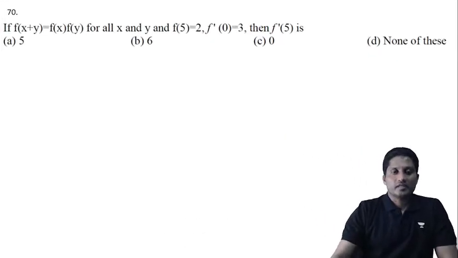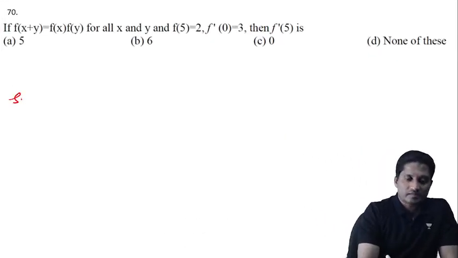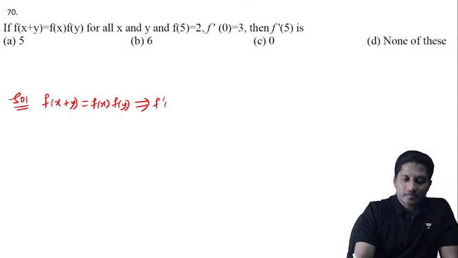Question number 70. See, again this is a standard result. If you have suppose f of x plus y is equal to f of x into f of y, then f dash of x is always equal to f of x into f dash of 0.